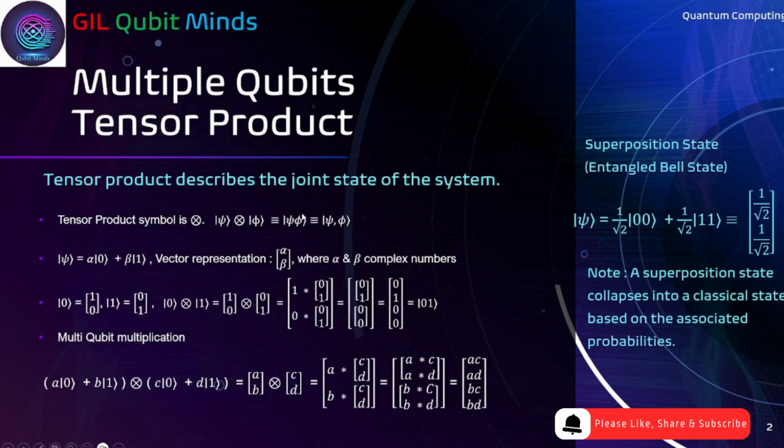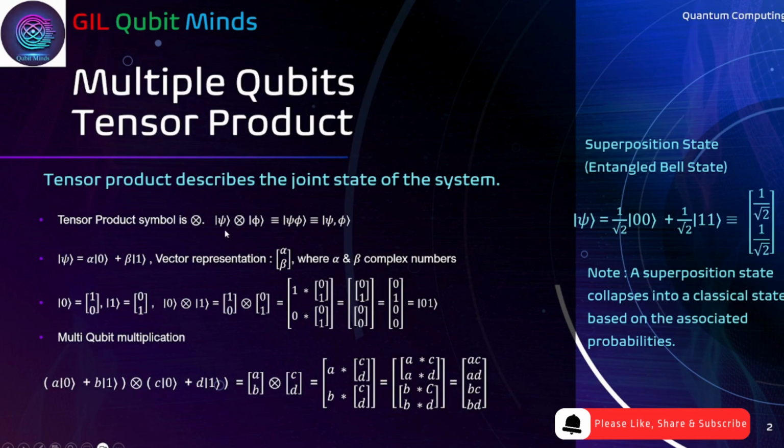Okay, so here we'll learn what the tensor product is and why we use it. When we want to multiply multiple qubits, like 0 and 1, we need to use the tensor product. Basically, the tensor product describes the joint state of the system. We use a symbol, a cross sign inside a circle, called the tensor product symbol.